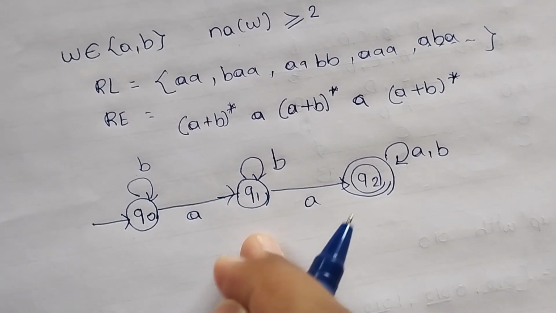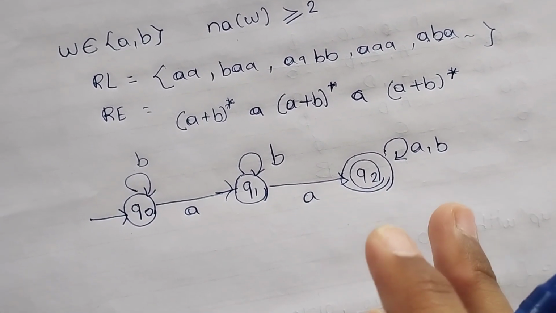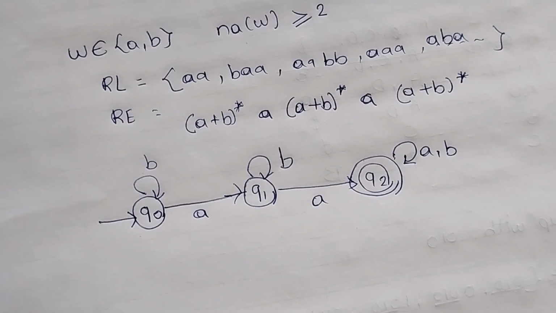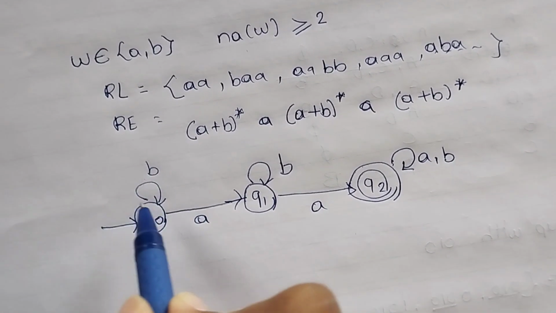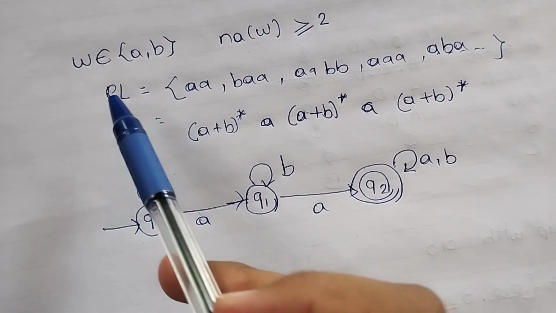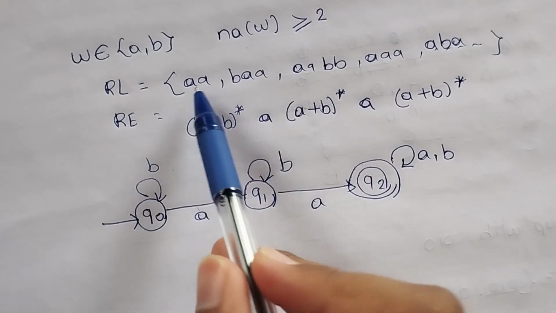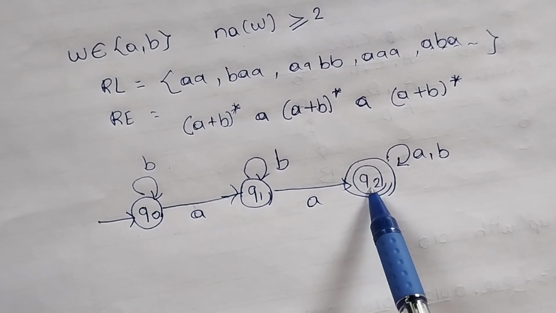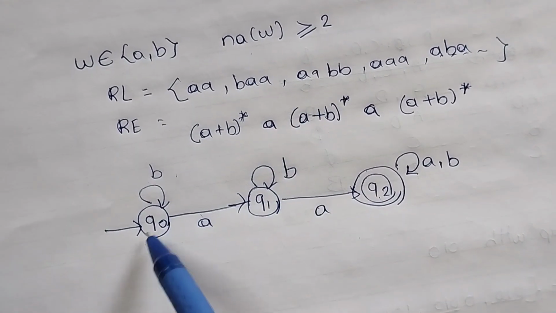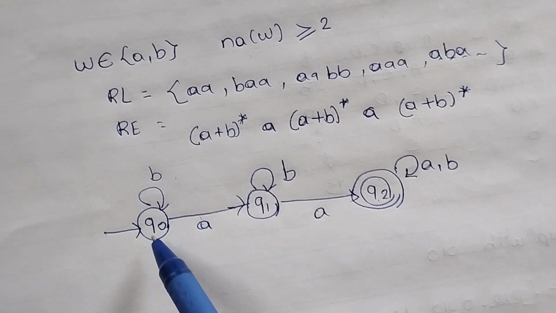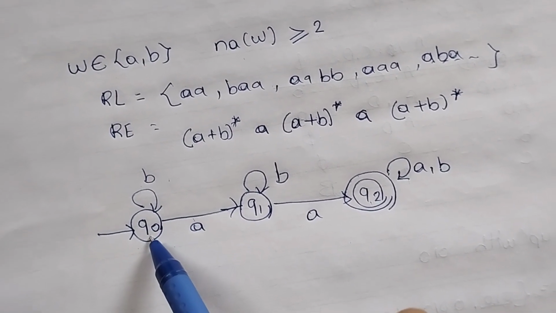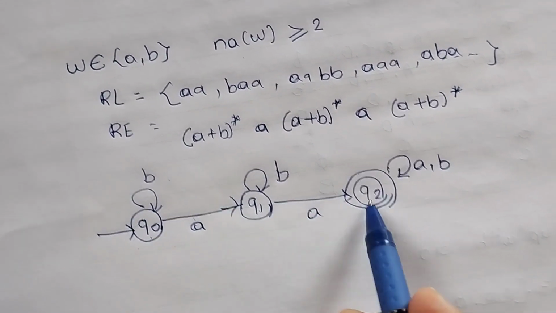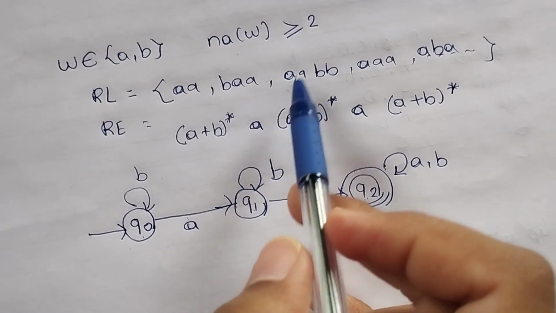Now from each state, A and B both go to one state. So we check all our possible regular language strings. AA can be accepted. BAA: first B is read by Q0 itself, then A, A, and it is accepted.